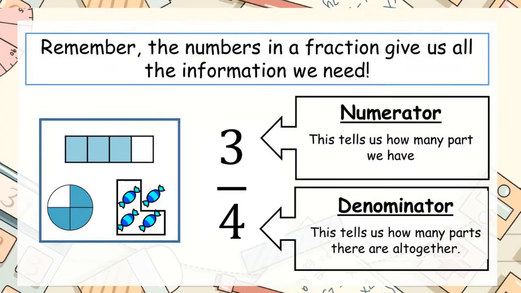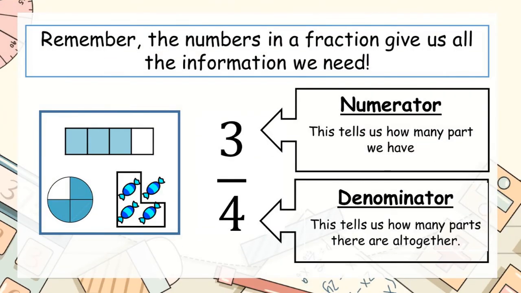Now you probably remember that the numbers in a fraction give us all the information we need to work with it. The number on the top tells us how many parts we have shaded, or how many items from the set we've taken. This is called the numerator. Below the line, we have the denominator. This tells us how many parts there are altogether.